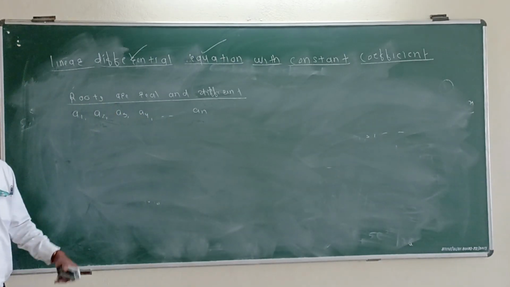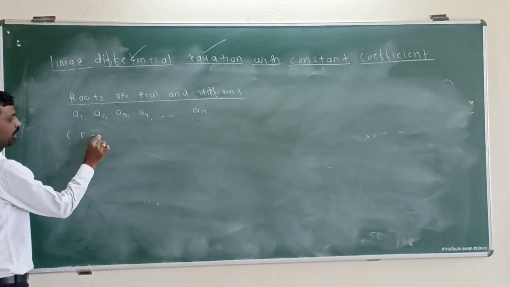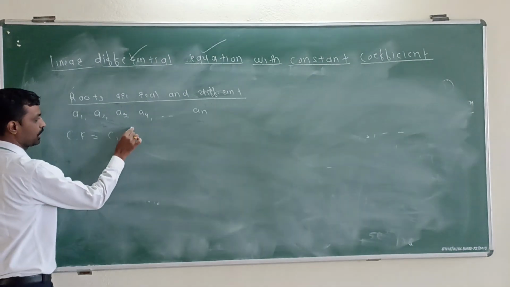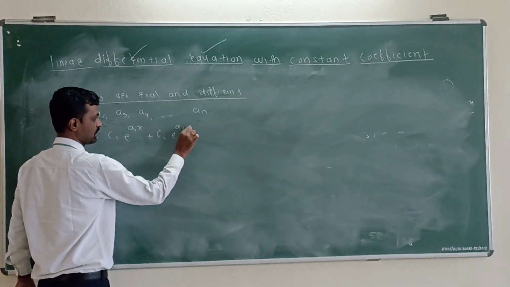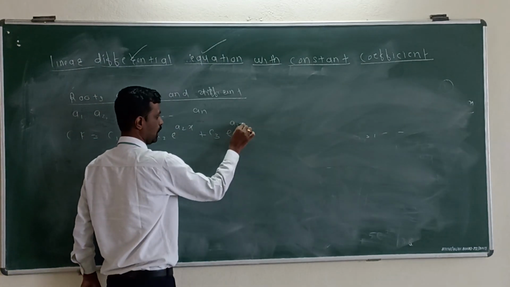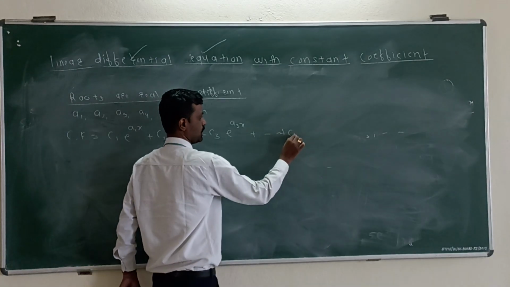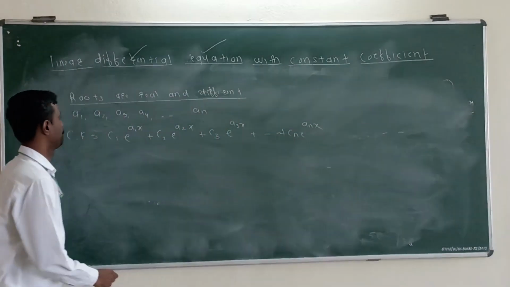Then its solution is given as the complementary function. Its complementary function is c1 e to the power a1x, c2 e to the power a2x, c3 e to the power a3x, cn e to the power anx.